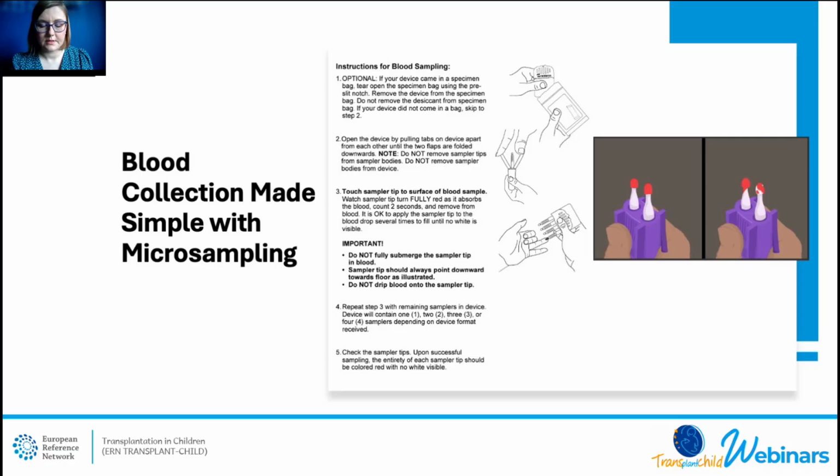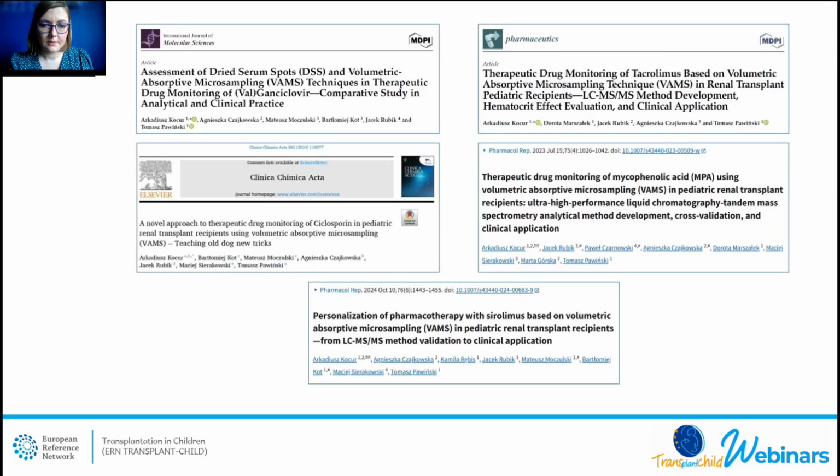On one the drop was too big, on the other not enough blood was collected by the device. Our team prepared the methodology for all immunosuppressants used in the pediatric population, and this part will be explained by Arek.